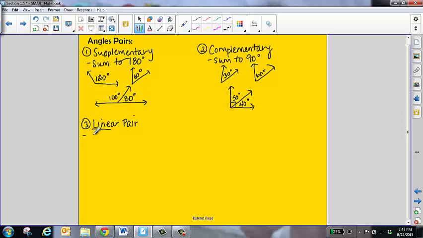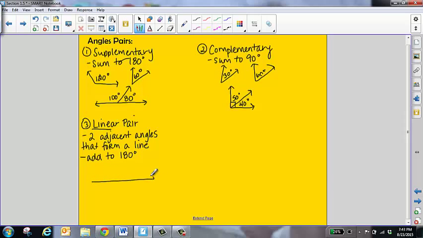So what we're going to write, we're going to say that it's two adjacent angles that form a line. And since they form a line, that means that they're also going to add to 180 degrees.